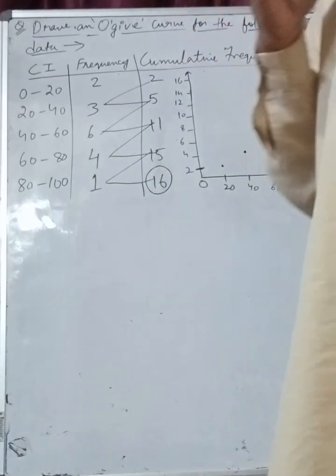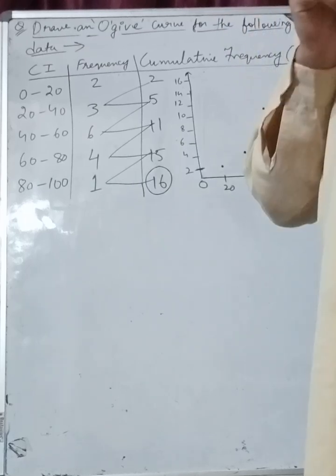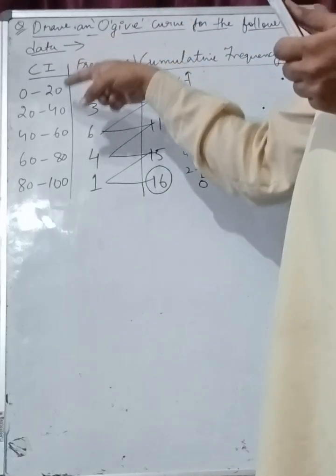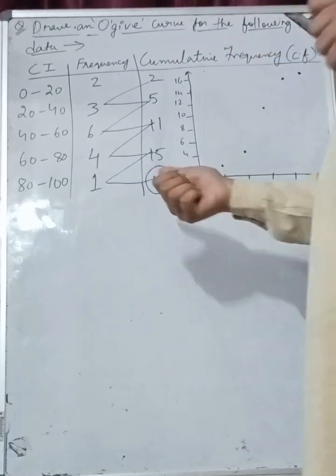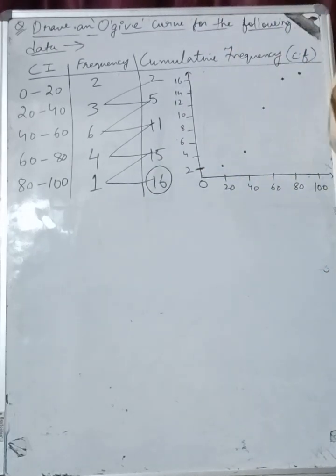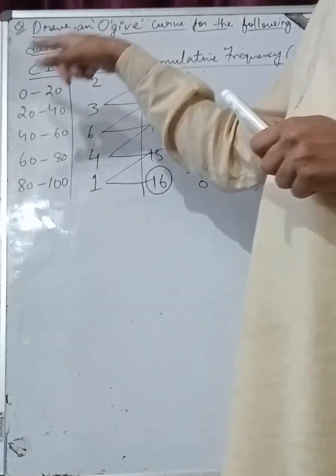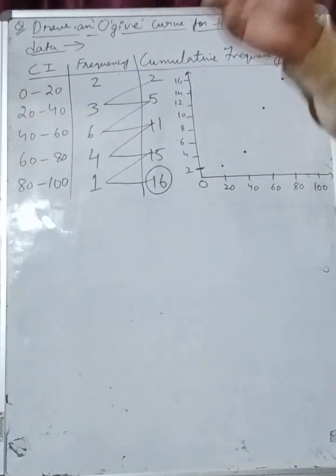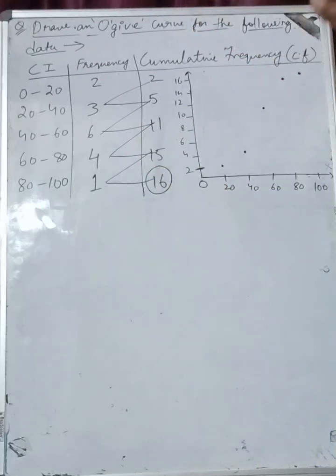In case of even, apply another formula. In case of odd, apply another formula. But in case of a continuous series, you don't have to notice whether the last value is odd or even.